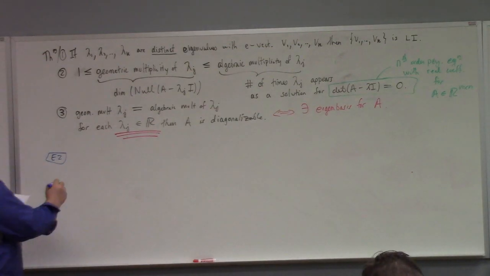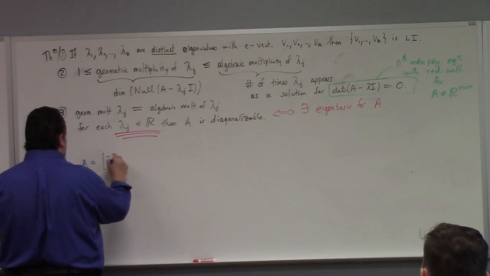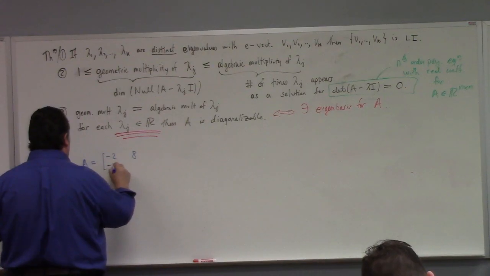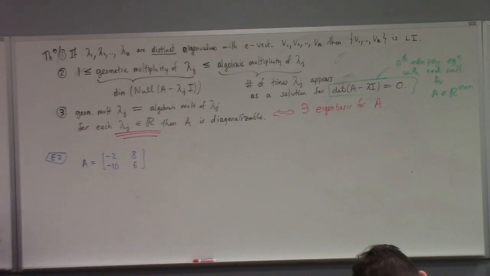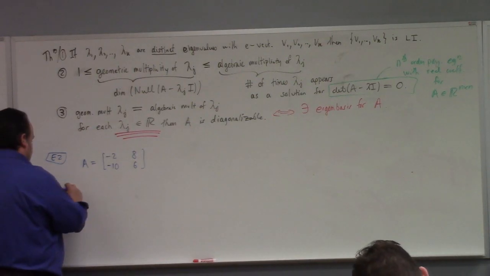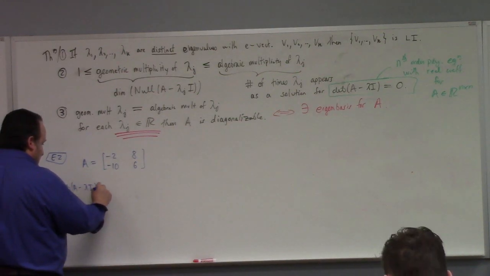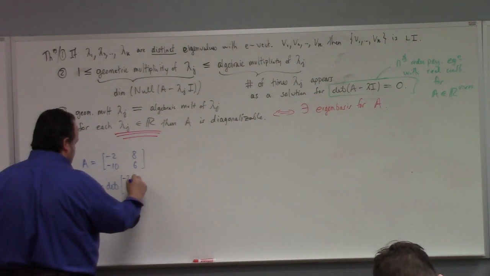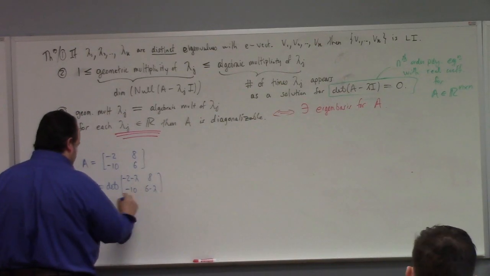So here we go. If we look at A equal to, we'll do 2 by 2 to start with, minus 2, 8, minus 10, 6. Let's calculate the characteristic equation and see what the characteristic values are. So I've got the determinant of A minus lambda I. This is my characteristic equation. I've got minus 2 minus lambda, 8, minus 10, 6 minus lambda.